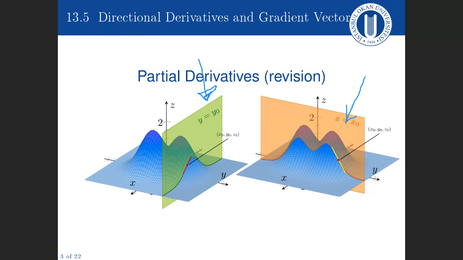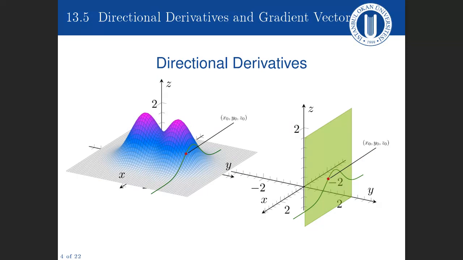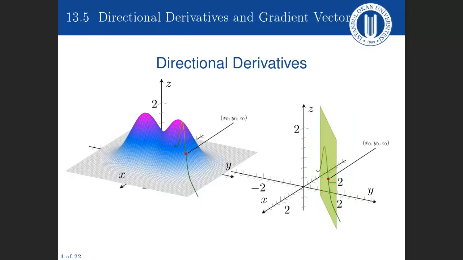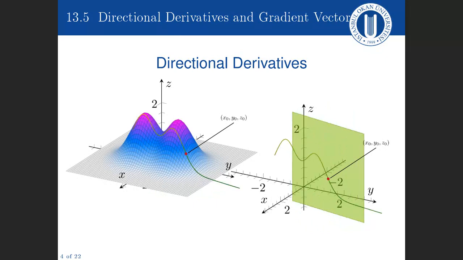But we can extend this. We don't have to use these two planes. We could use any plane. Again, I'm looking at the point x0, y0, z0, and I'm looking for a vertical plane passing through this point. But of course, there are infinitely many vertical planes that we could choose, because we could choose any angle that we wanted.